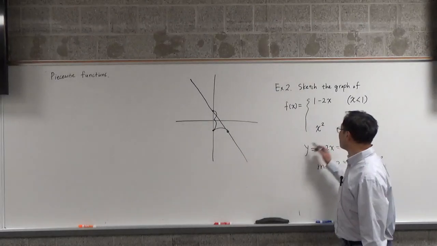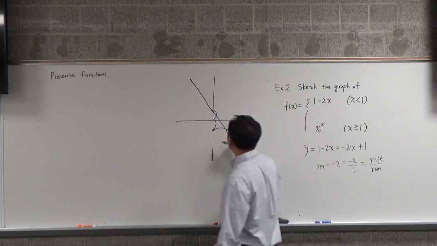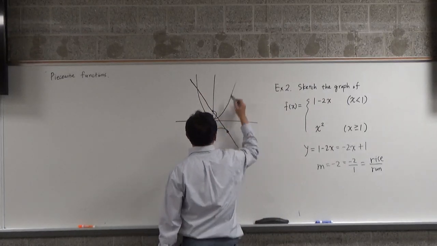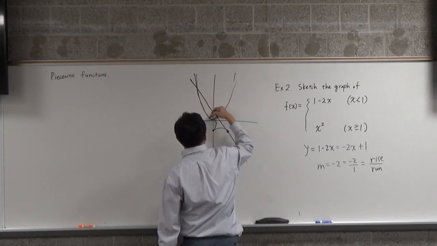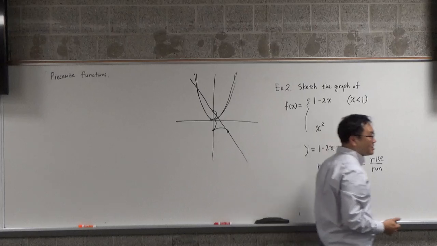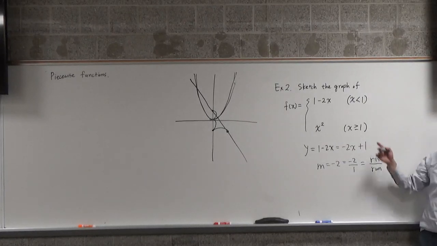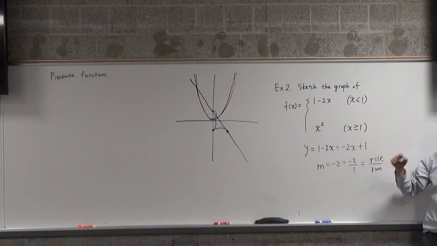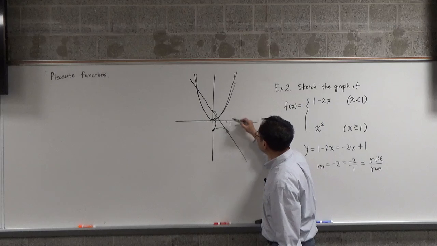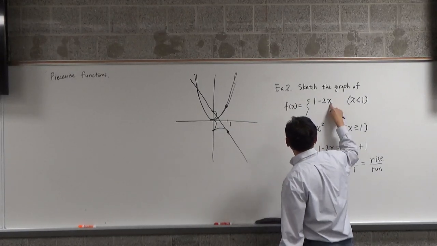And then what's the other graph? y equals x squared, right? Something like this. Now, what's the dividing line? Before and after 1, right? What you need to do is plug in 1 to figure out the coordinates.